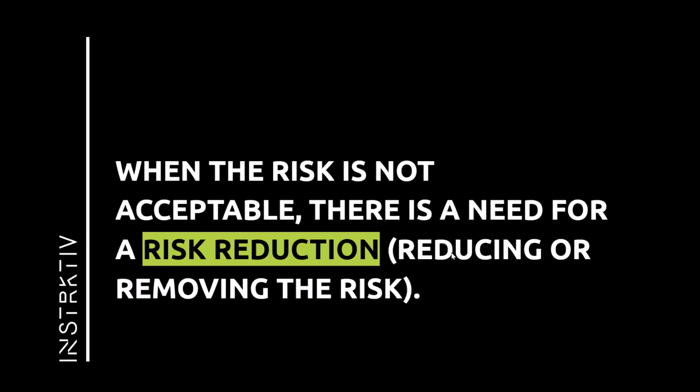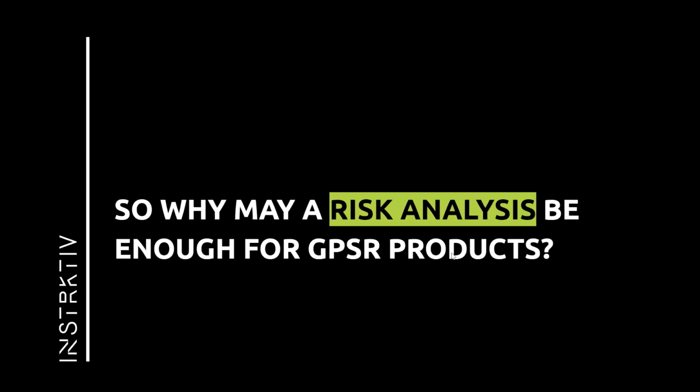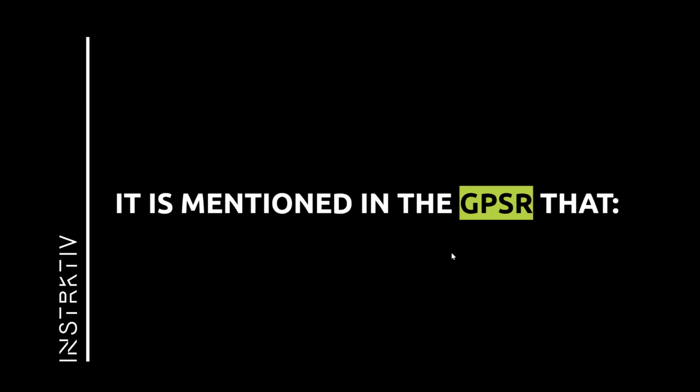So when the risk is not acceptable, there's a need for risk reduction, which is reducing or removing the risk entirely. So why would a risk analysis be enough for general product safety products? That's basically the main question that we asked ourselves.